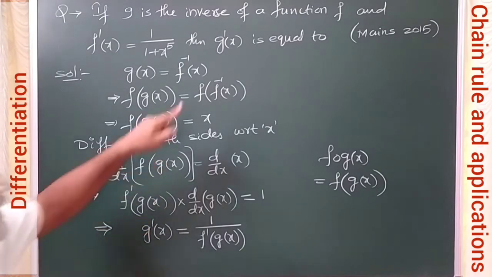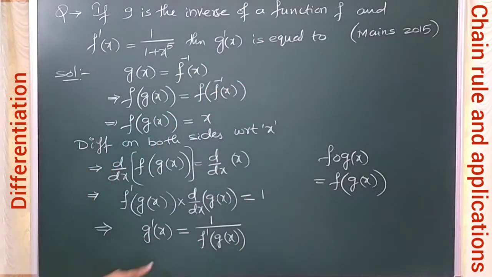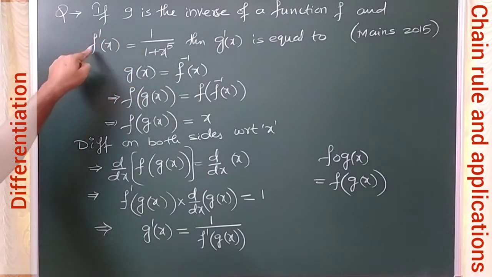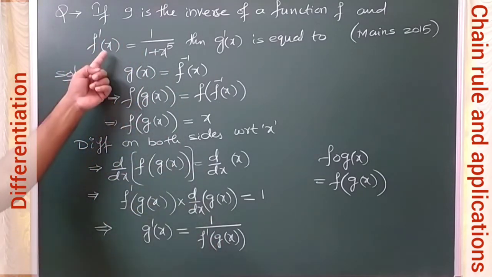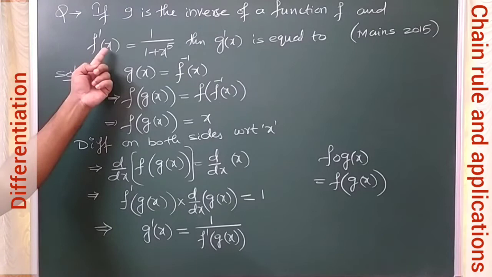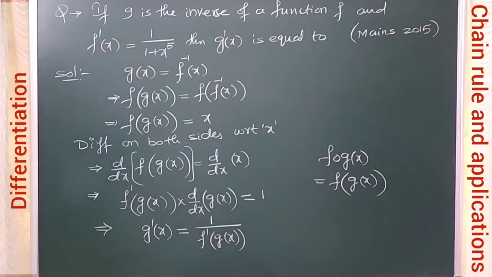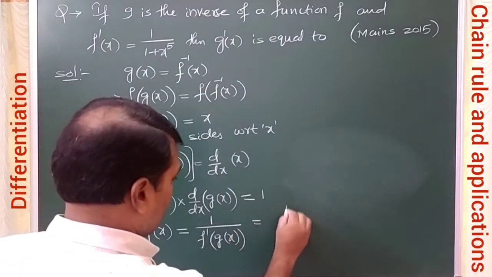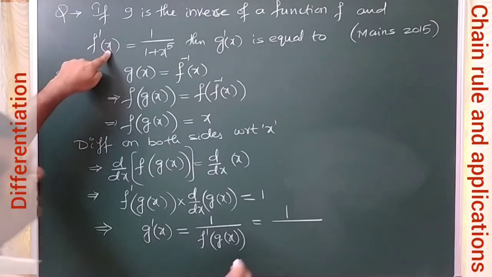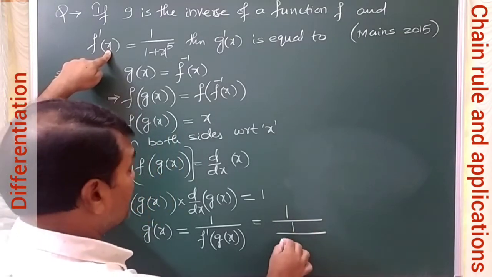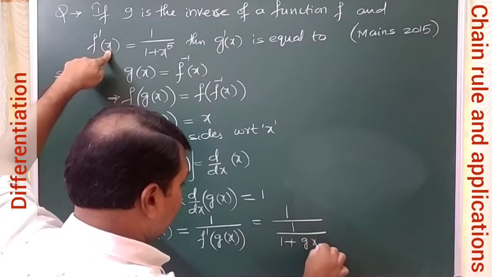This g dash of x itself we have to find. How to find this? See, f dash of x they have given, no? So using f dash of x, you can write this. Just replace x with g of x here. You will get this value. Okay, then what you will get? 1 by, replace x with g of x, 1 by 1 plus g of x whole power 5.